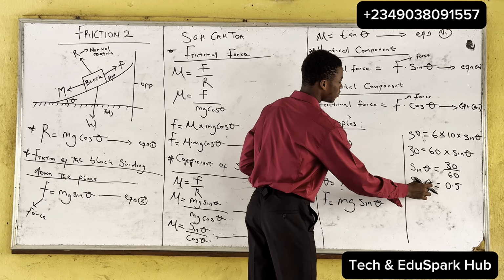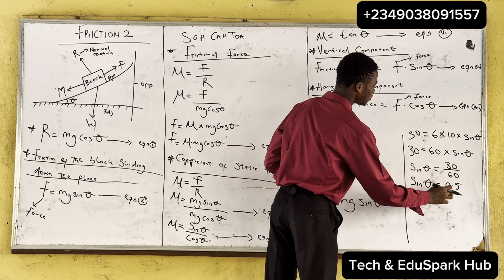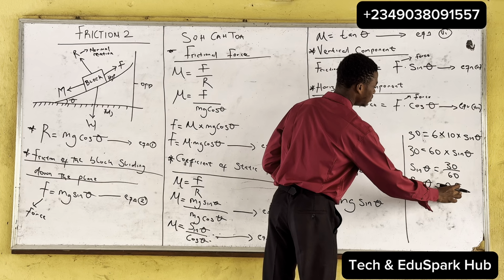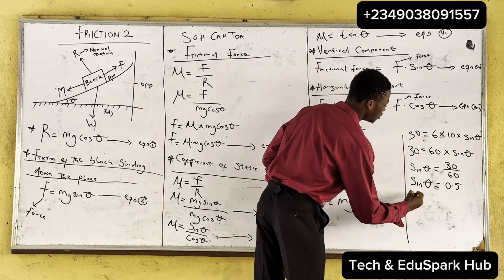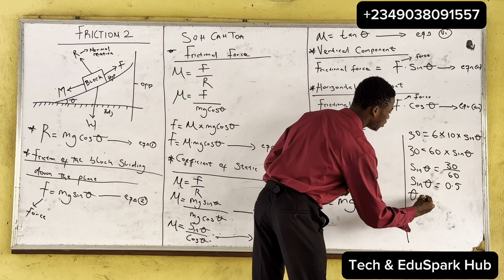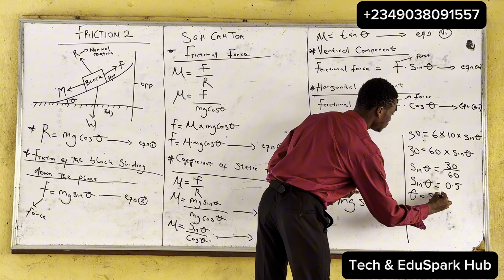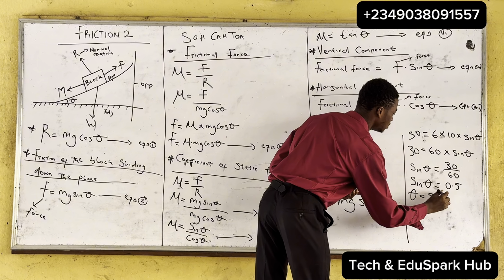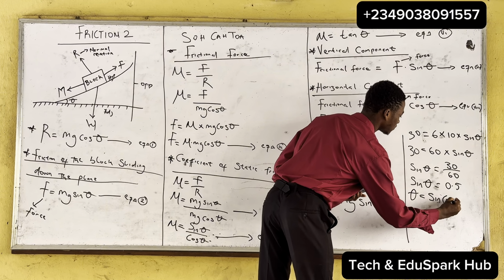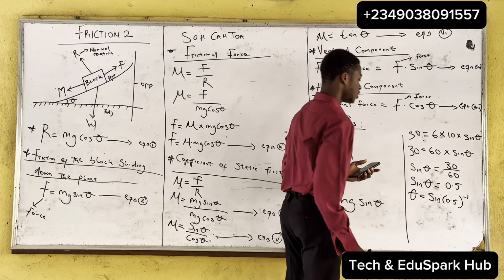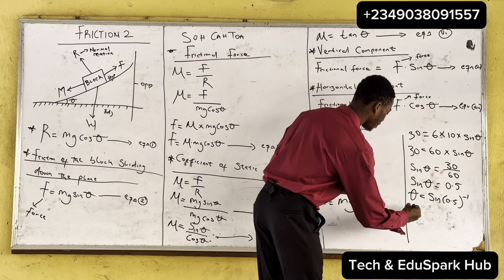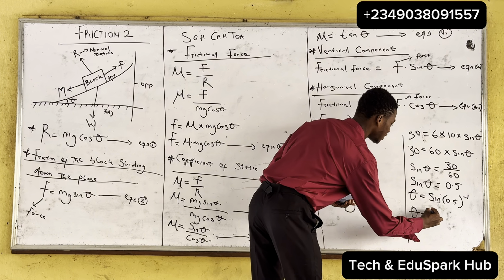To get theta, we have to take the sine inverse of what we have on the other side. So theta is equal to the sine inverse of 0.5. When you do the sine inverse of 0.5, our theta will be equal to 30 degrees.